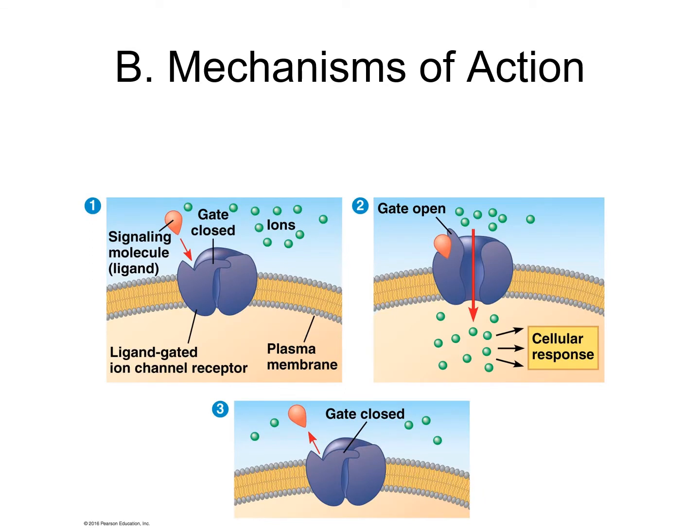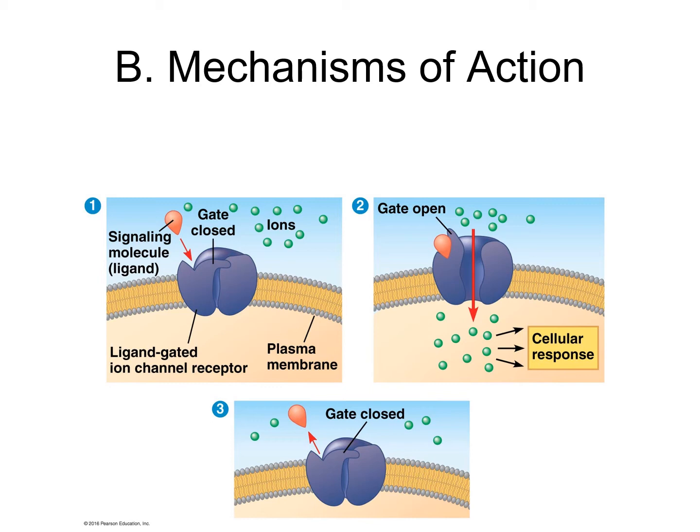So we're going to look at 5 different mechanisms by which hormones alter the physiology of their target cell. And the first is that the hormone can change the permeability of the target cell membrane to ions.